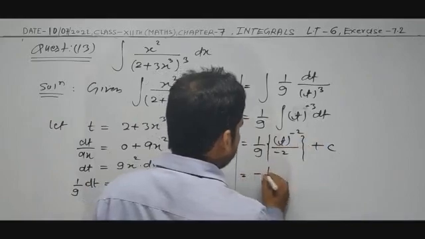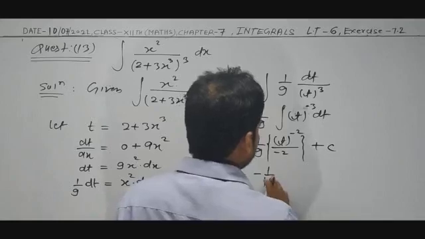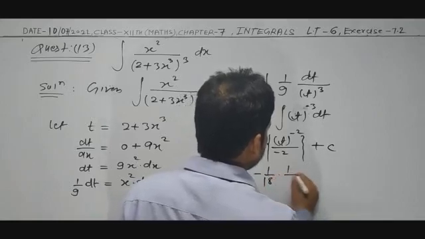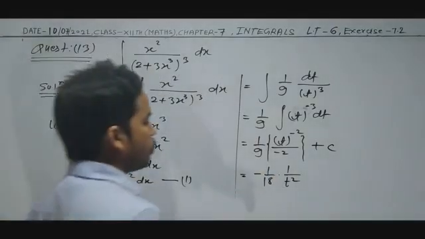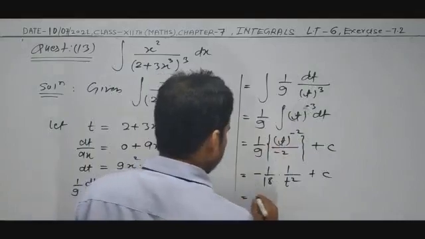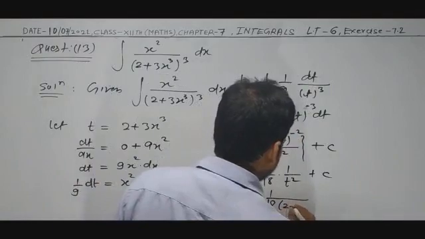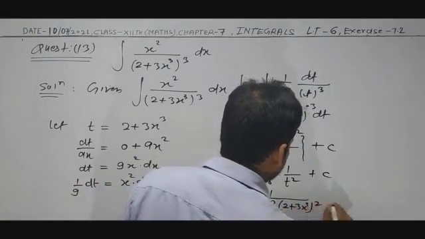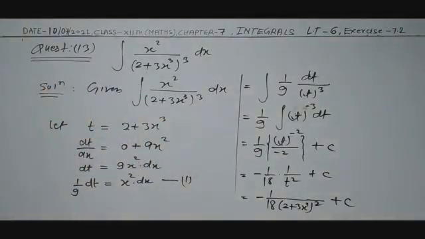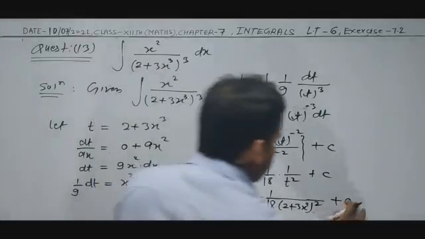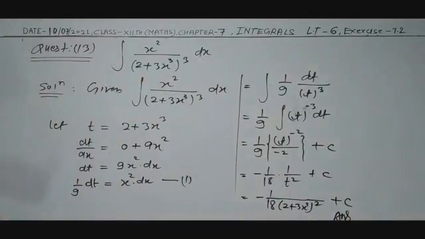So the result will be minus 1 upon 18 t to the power minus 2, which means 1 upon t square, and 1 upon t square means 2 plus 3x cube whole square. So it is minus 1 upon 18 times (2 plus 3x cube) whole square, plus c. So this is the answer. You can write here answer. Now question number 13 is completed.